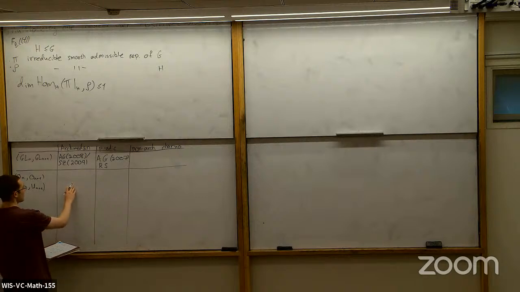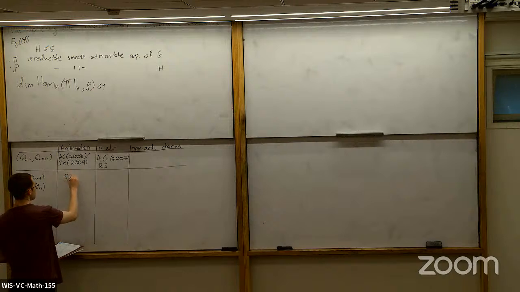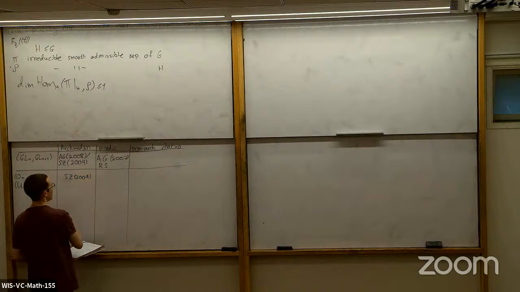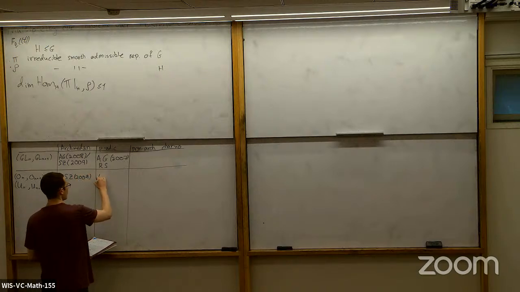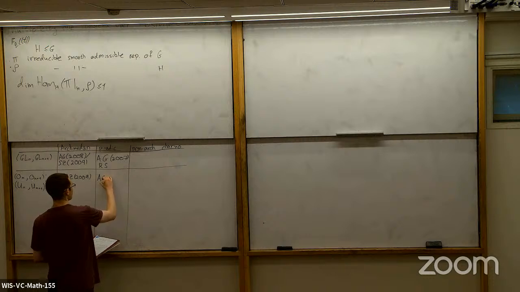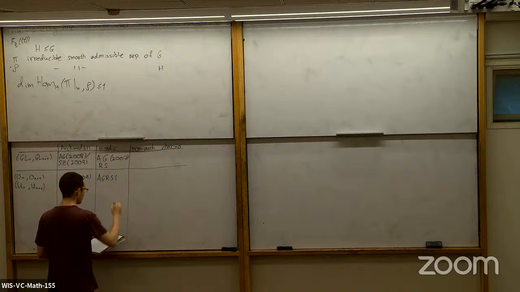In the Archimedean case, it's in the same paper of Sun and Zhu, and in the p-adic case, it's a paper by Aizenbud, Gourevitch, Rallis, and Schiffmann, also from 2007.